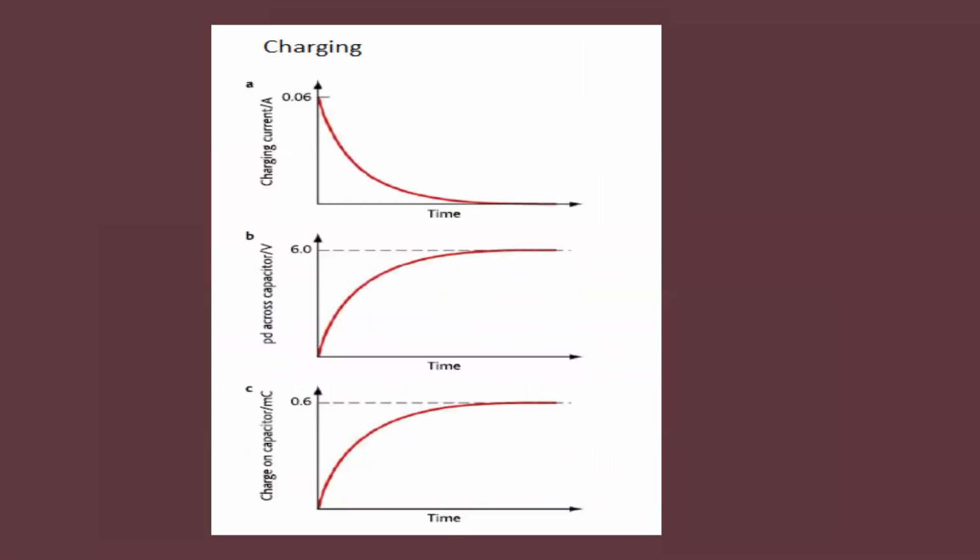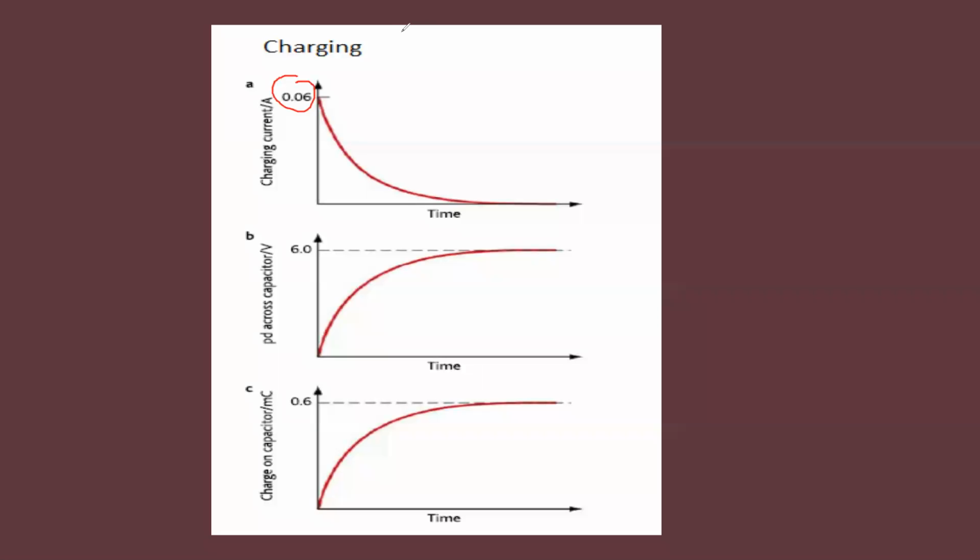These are the charging graphs for the capacitor. When you're charging a capacitor, if you sketch a graph, why is the value of the current maximum and then decreasing?